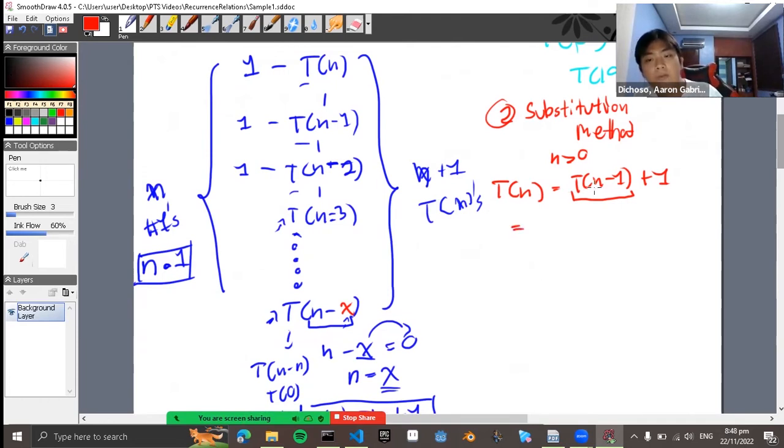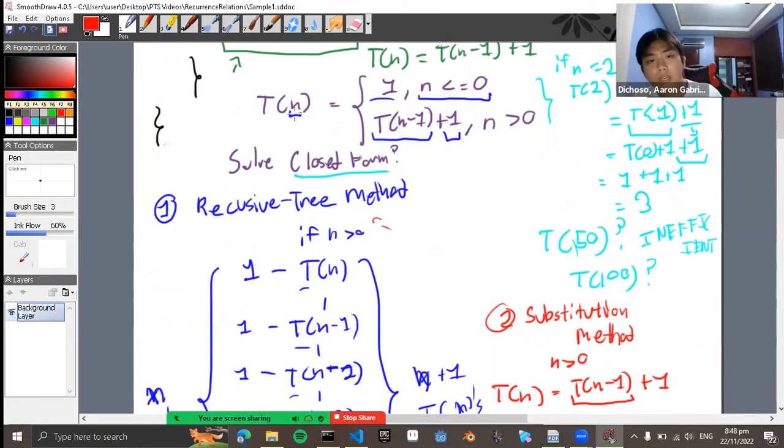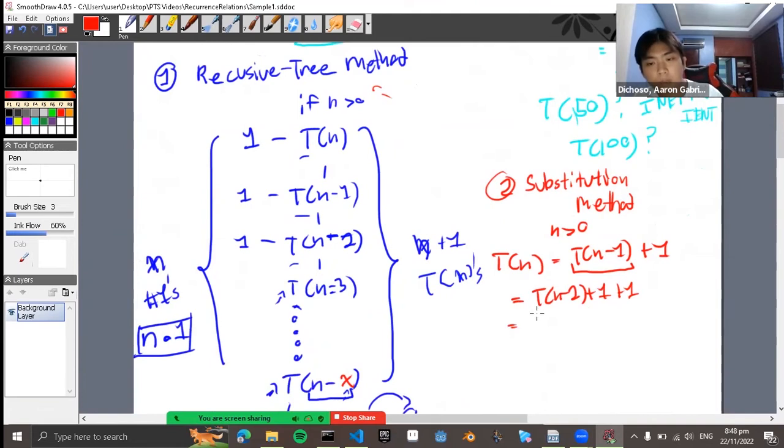T of n minus 1, if we substitute it inside, we would get T of n minus 2 plus 1 plus 1, right? According to the definition here. If we substitute it one more time, we would get T of n minus 3 plus 1 plus 1 plus 1. Okay?